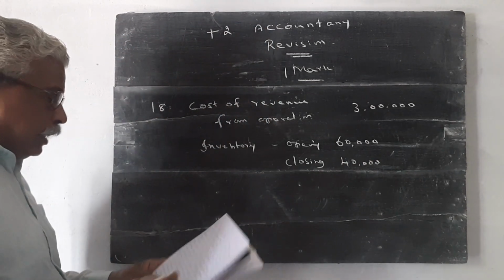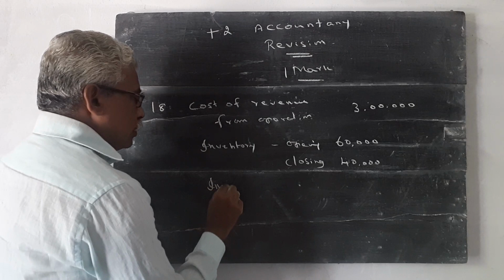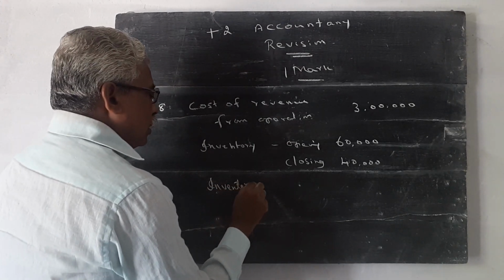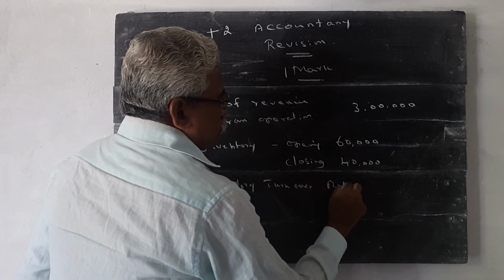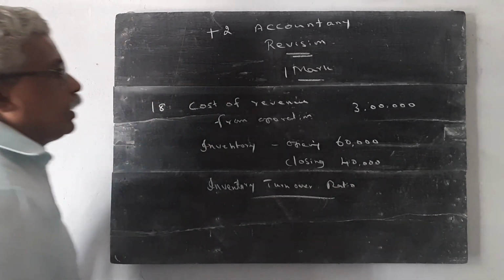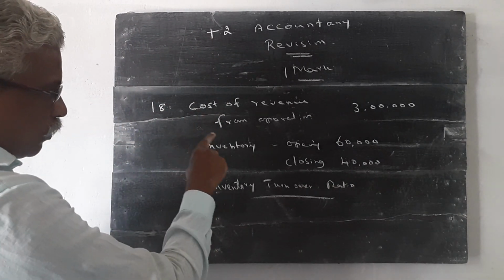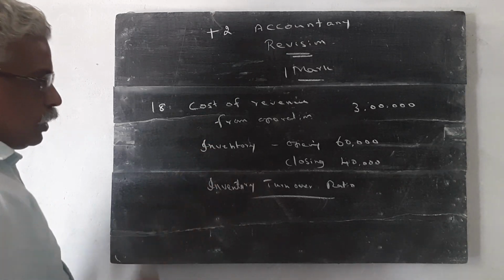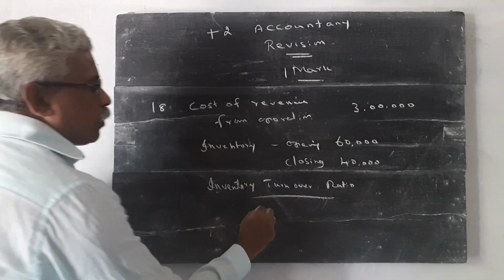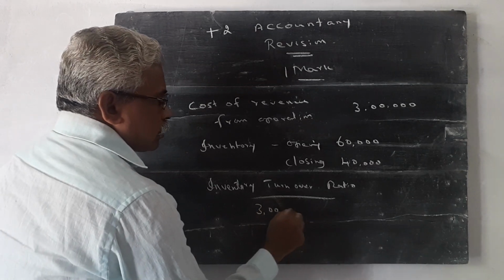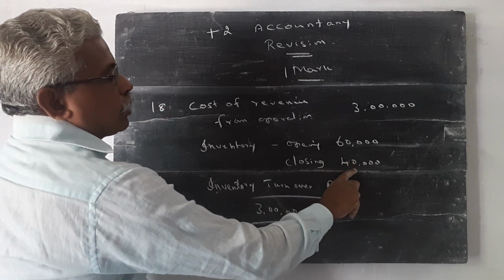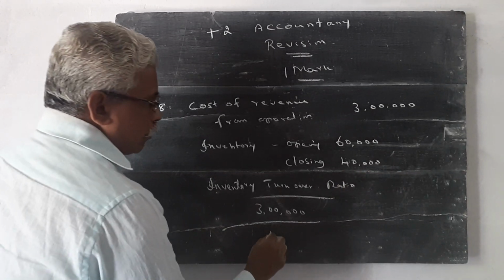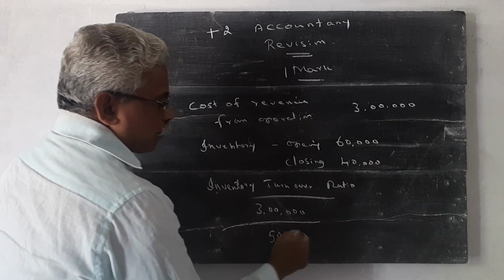Calculate inventory turnover ratio. Inventory turnover ratio is equal to cost of revenue from operation divided by average inventory. Cost of revenue from operation is 3 lakhs divided by average inventory, which is 60,000 plus 40,000 divided by 2. So that amount is 50,000.